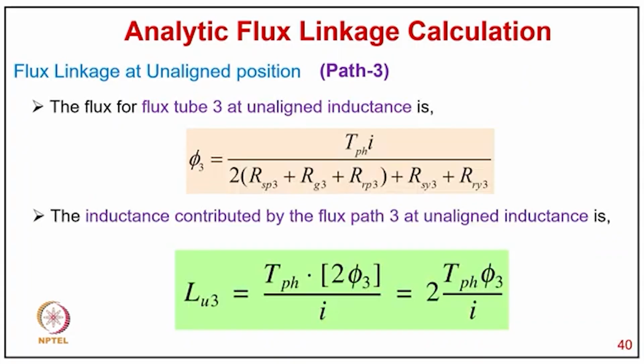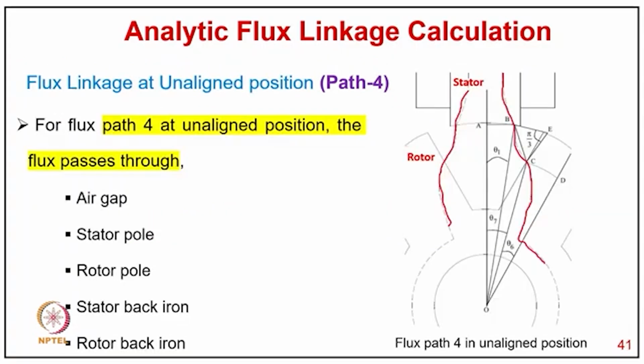Now the flux in tube 3 at unaligned condition is phi 3 equal to T_PH into I divided by 2 in bracket RSP3 plus RG3 plus RRP3 plus RSY3 plus RRY3, and the inductance for this flux path is LU3 equal to T_PH into phi 3 divided by I, that is T_PH phi 3 upon I. Now the flux linkage at unaligned position 4, as you can see in the diagram.